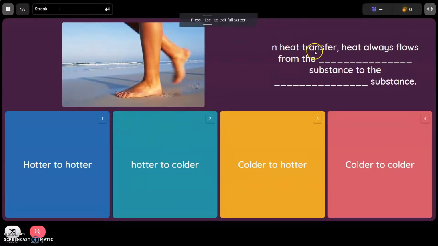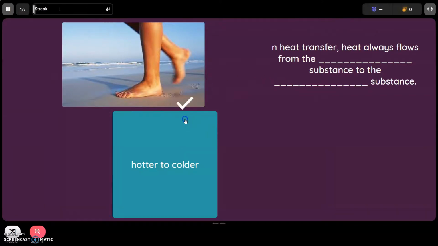Heat transfer: heat always flows from hotter to colder.